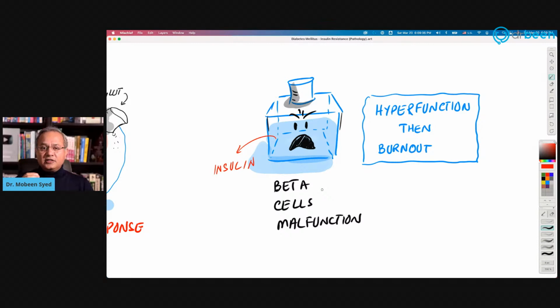We use the term dysfunction because in the beginning, when we are becoming diabetic, in the beginning, beta cells are working more. Actually, one can pick up that somebody is becoming diabetic if we can measure their insulin levels on a daily basis.